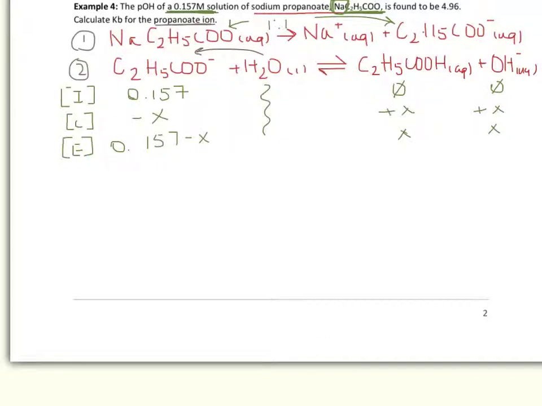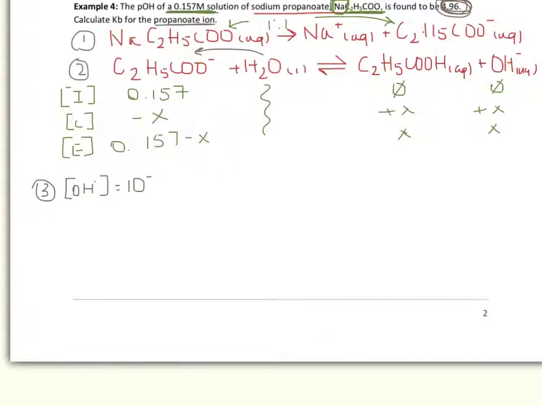Once you have your ice table set up, you have to go back to the question for the extra piece of information. And in this one, we've been told that the pOH is 4.96. So you ask yourself, well, what can I find with pOH? With the pOH, you can find the hydroxide ion concentration.